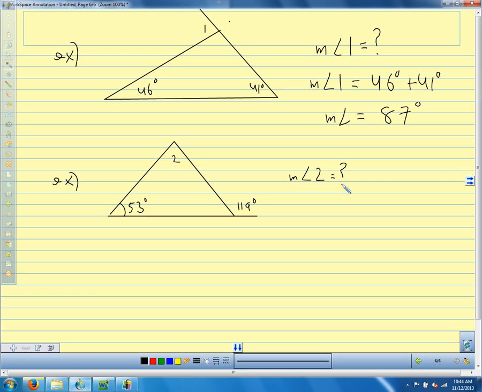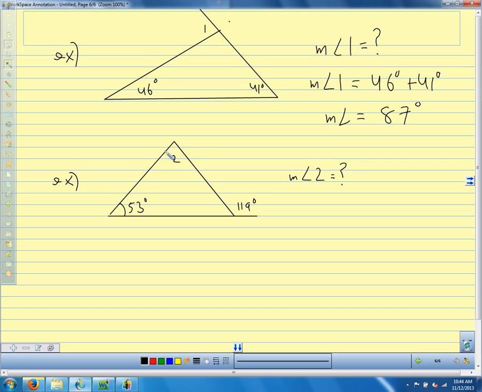If we don't remember this theorem, we can always go back to the way we would have solved the problem before. These two have to add up to 180, so we can figure out this angle. And then all three of the angles in the triangle have to add up to 180. So then we can find angle 2.